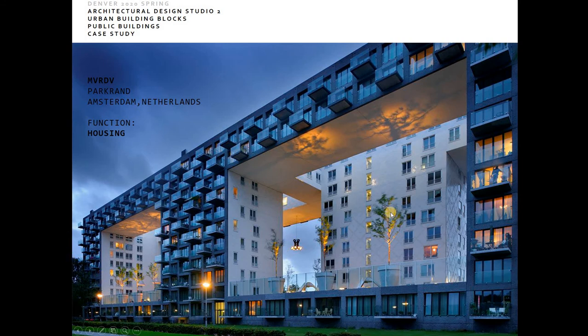Of course, there is a public space and a private separated space also. And you can see the terraces and the windows facing the public and facing the private separated space.